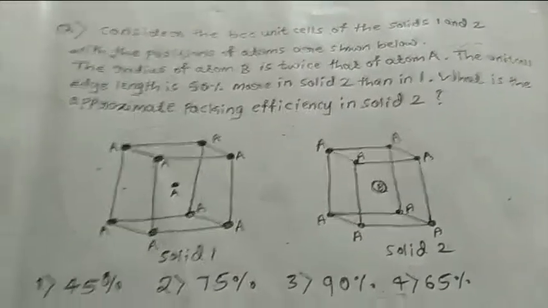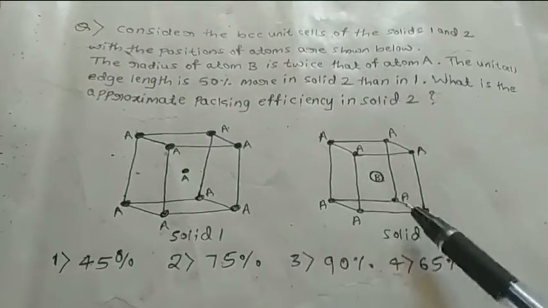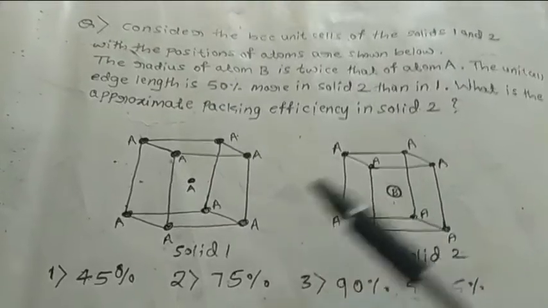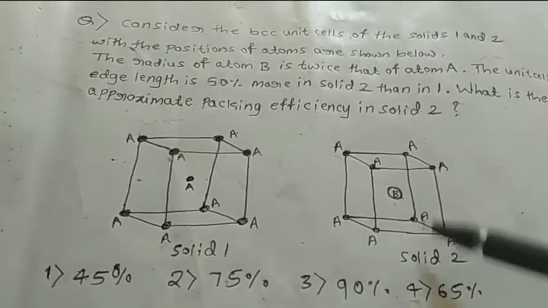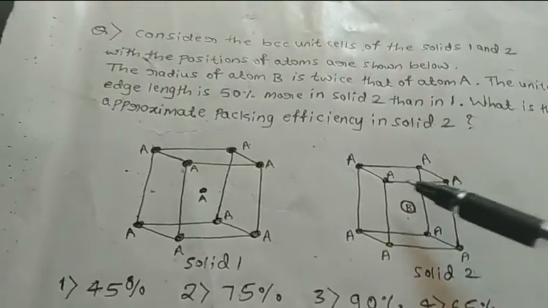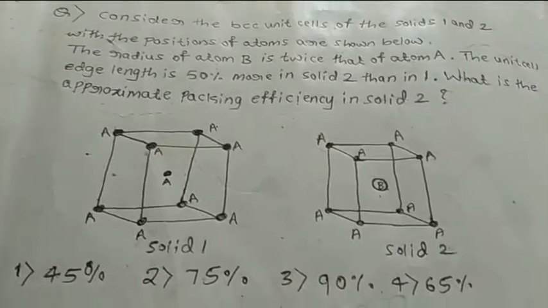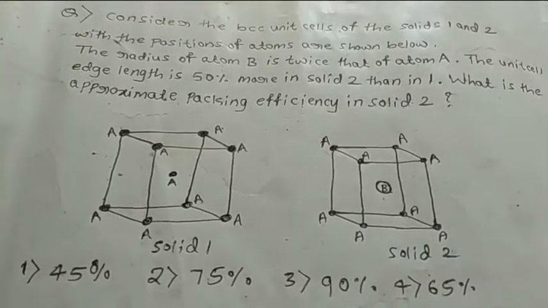In the question, this is solid 1 and this is solid 2. Here B is indicated. Its radius is twice that of A. And then this solid's edge length is 50% more. They are asking to calculate the packing efficiency in solid 2.